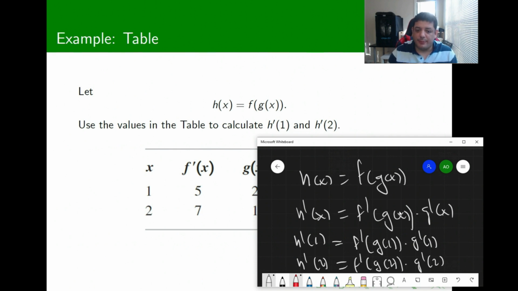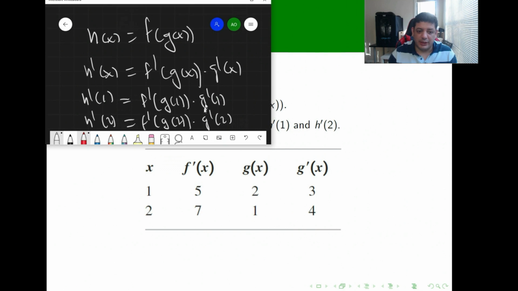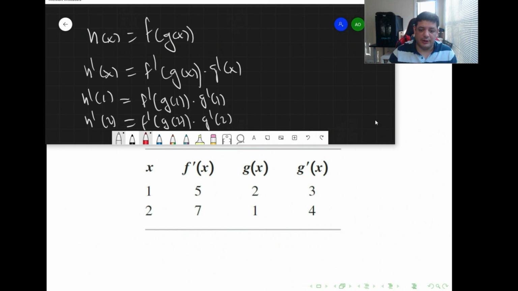So we have a couple of values that we need to find out. We need to find out who is g of 1, and then who is g prime of 1. And we can obtain those values from this table. Notice, if x equals 1, g of 1 is 2. So g of 1 can be replaced by 2, and g prime of 1 can be replaced by 3.